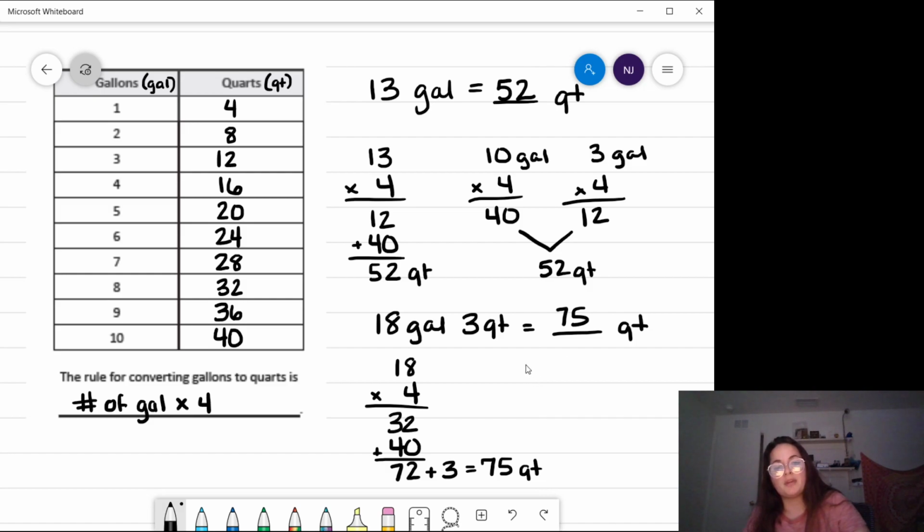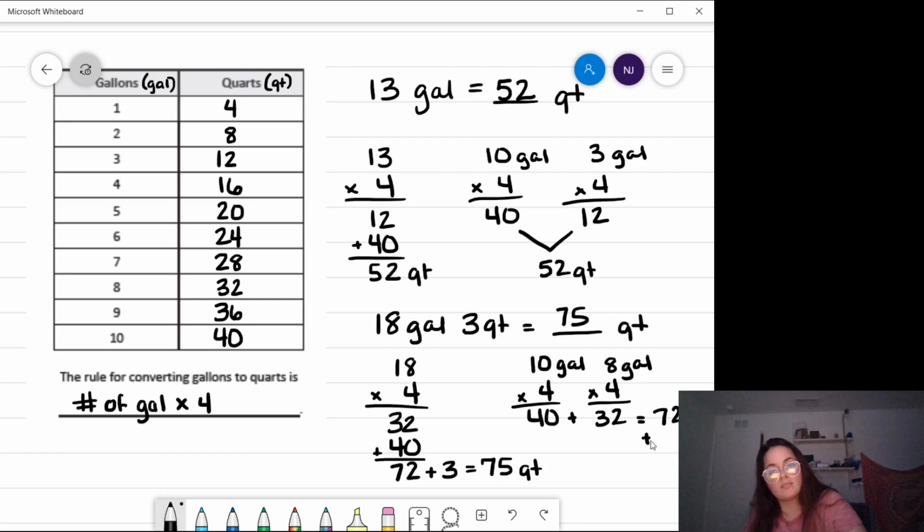We could have also broken apart 18 gallons into 10 gallons and 8 gallons and multiplied it that way, not forgetting to add on the 3 quarts we already have to give us 75 quarts.